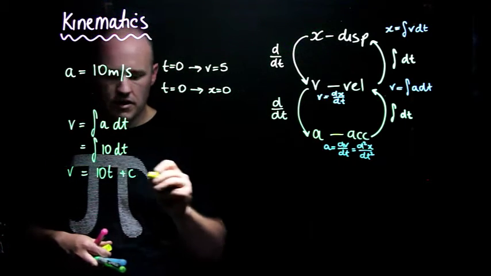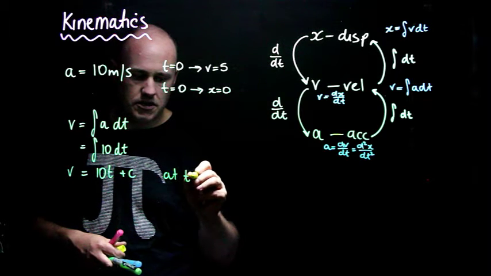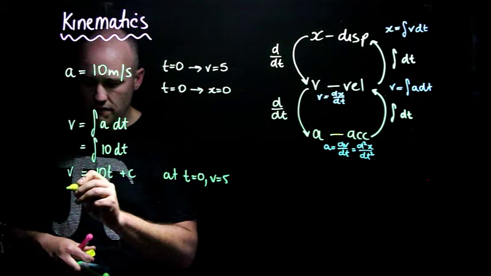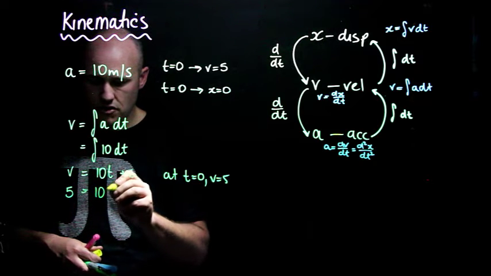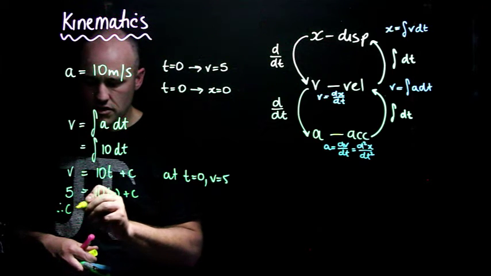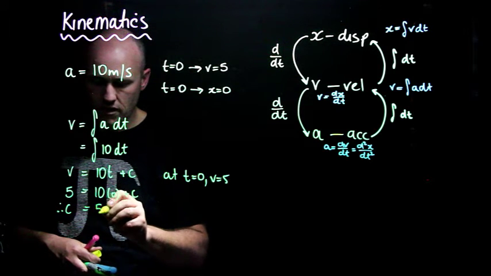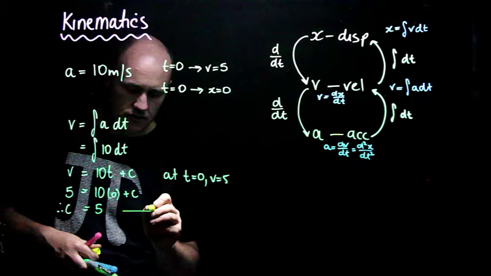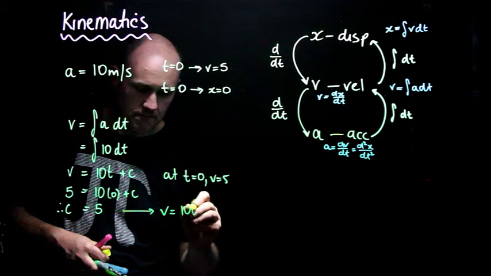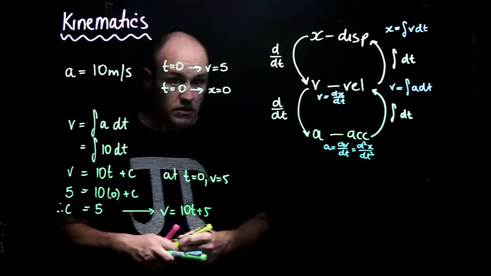But we know that at t equals 0, velocity equals 5, so 5 is equal to 10 times 0 plus some constant, and therefore c equals 5. That leads us to velocity is equal to 10t plus 5.